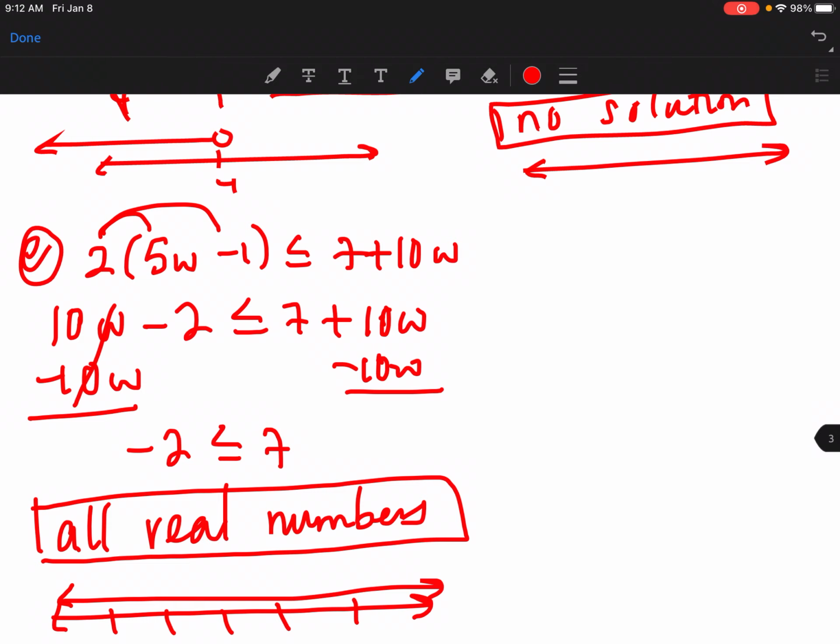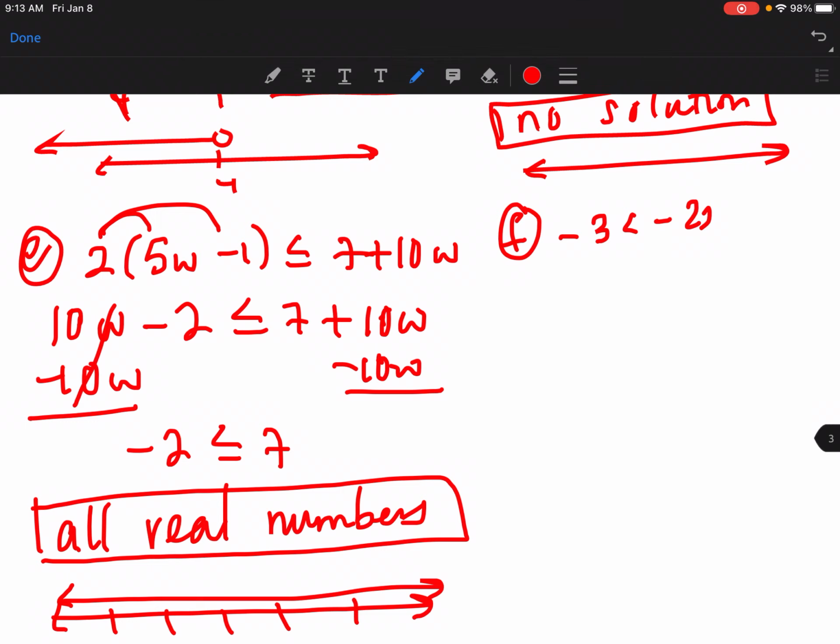All right, let's look at another one. What if I have negative 3 is less than negative 2x?